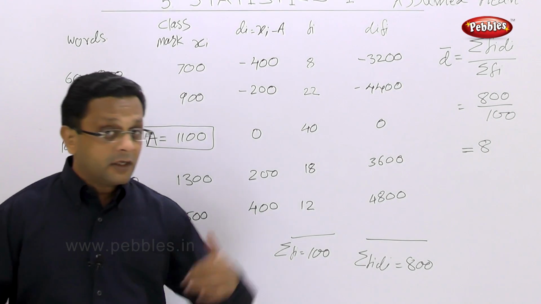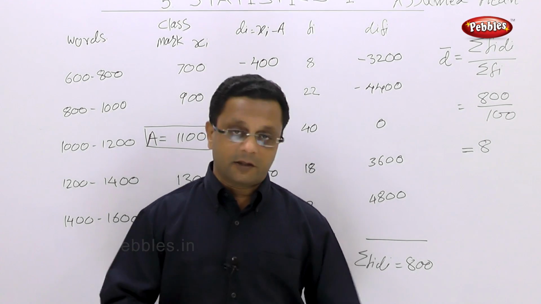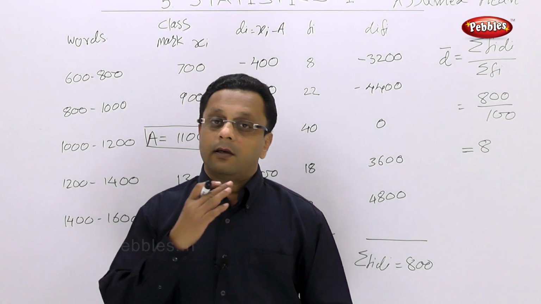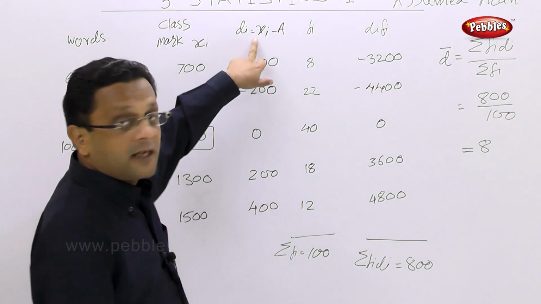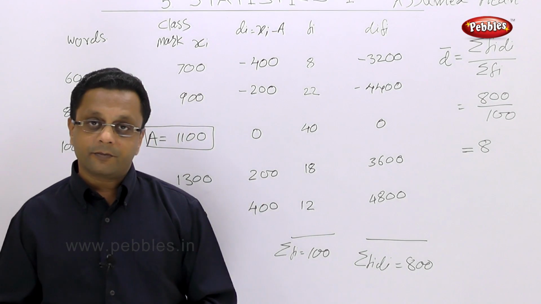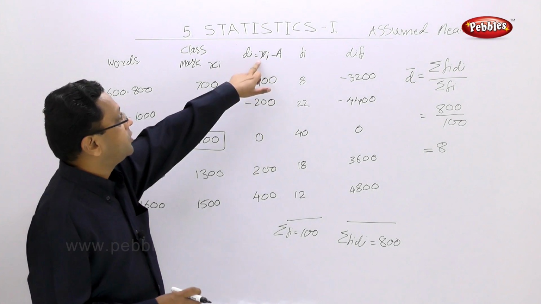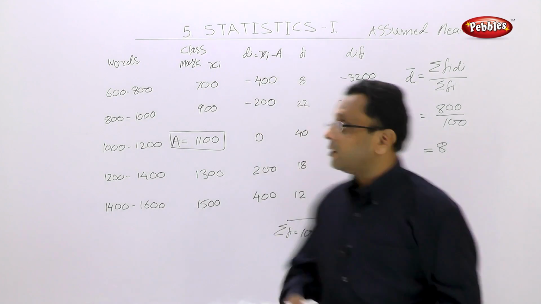Okay, but is this our answer? No, because we have shifted the figures. What we did, di is equal to here xi minus a. So at the end, what should we do? x is equal to d plus a, isn't it?